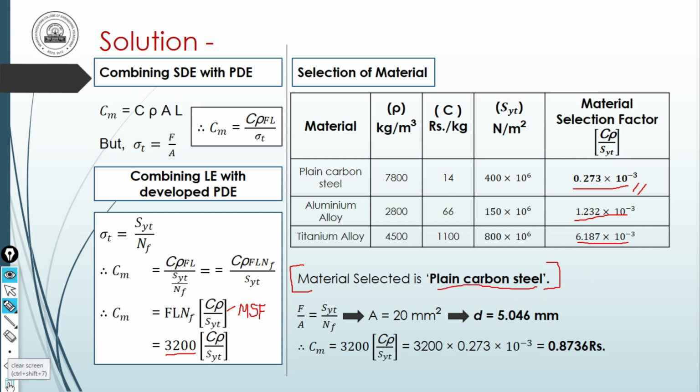Now once we finalize that the plain carbon steel is giving me the lowest cost, then we'll go for calculating the next values, that is using subsidiary design equations, SDEs.